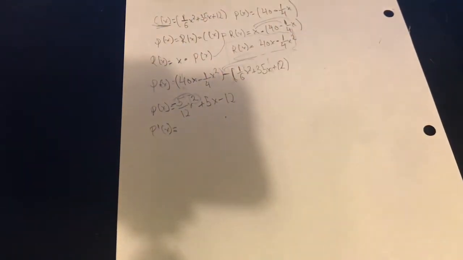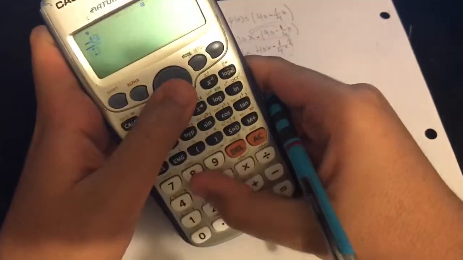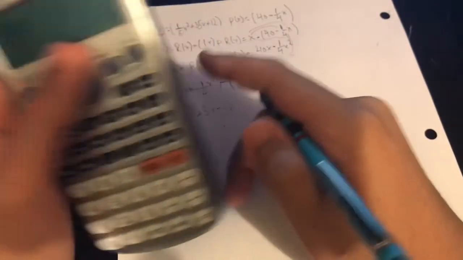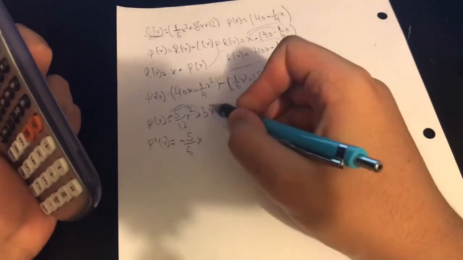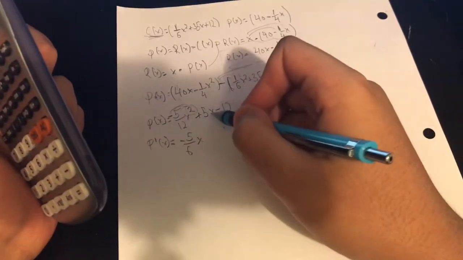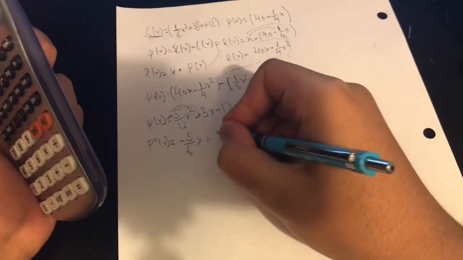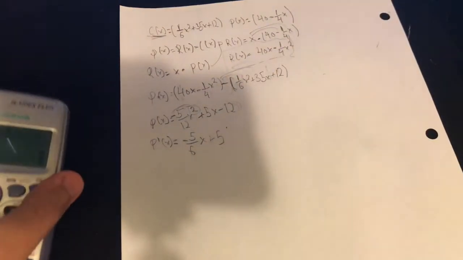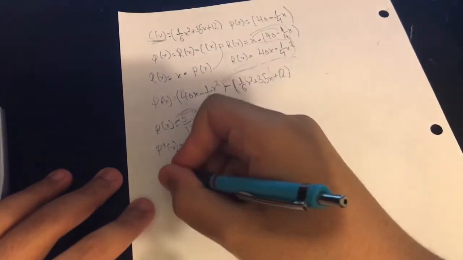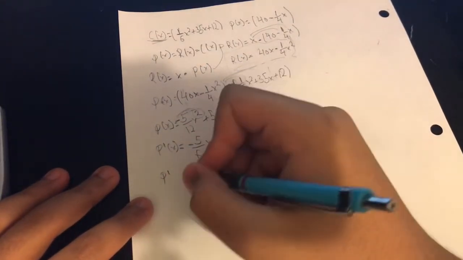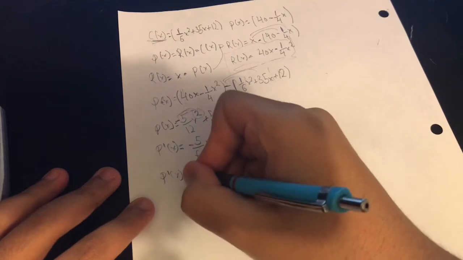So negative 5 over 12 times 2 is going to give us negative 5 over 6 x, and the derivative of negative 12 is 0, and the derivative of 5x is going to give us 5. So this is the equation of the derivative. We're now going to let the derivative equal 0. So P prime of x is equal to 0.